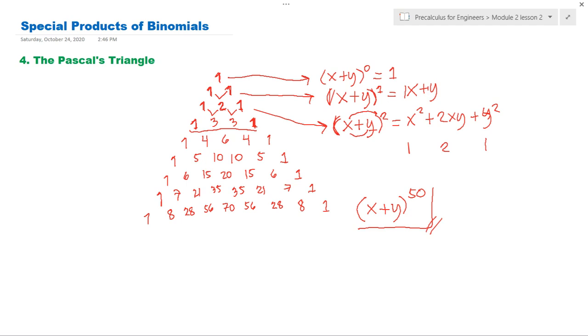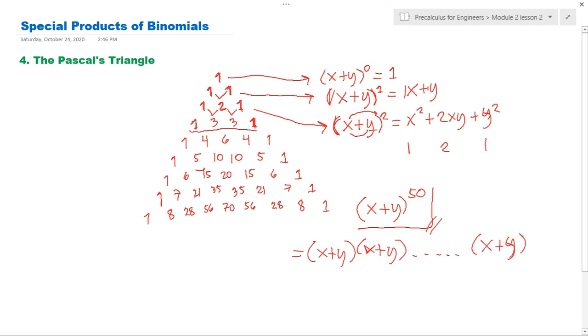If you don't have any background about binomial expansion and what Pascal triangle is all about, you will write it this way. So, ganito ka. X plus y times x plus y hanggang aabot ka ng ika-50 na x plus y.